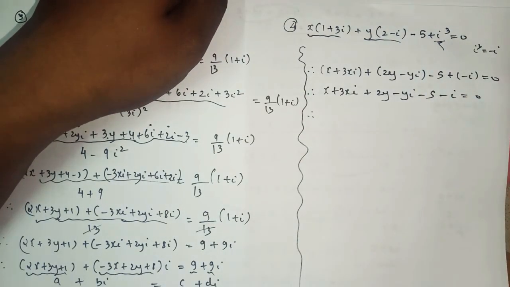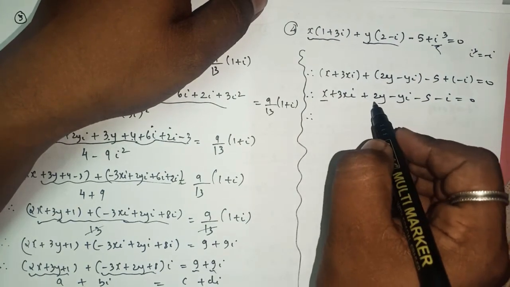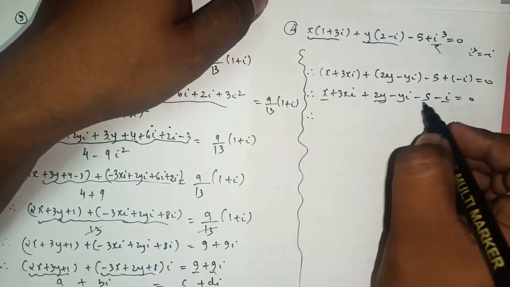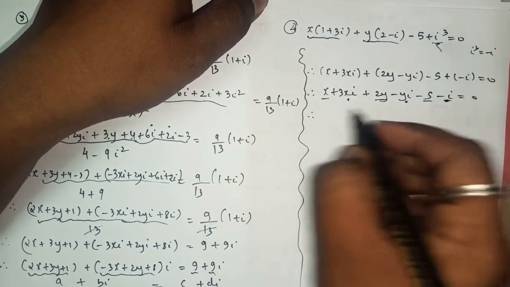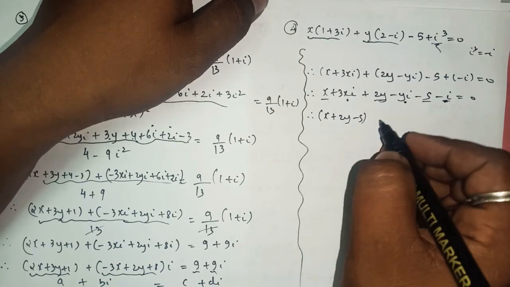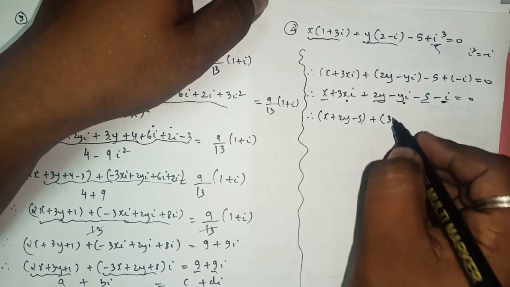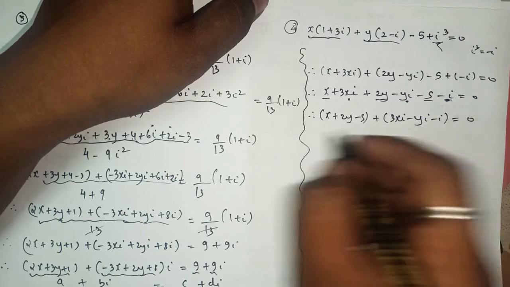So we'll see the first method: just bring all the values without i together, yes or no, and we'll bring all the values with i together. So here x plus 2y minus 5 is without i, and 3xi minus yi minus i is with i, equals to 0.